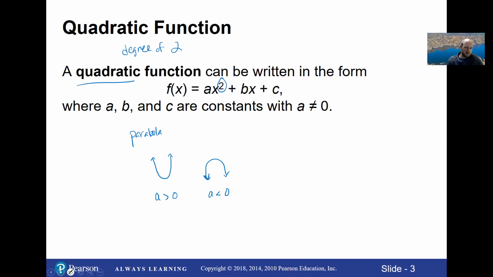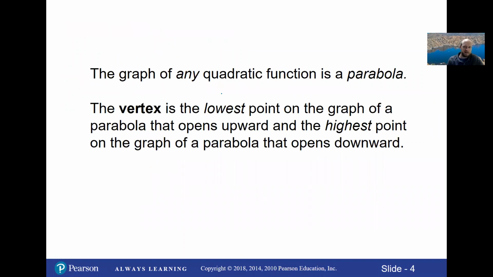So let's talk a little bit more about quadratics and parabolas. Again, the graph of any quadratic function we can also call a parabola. The vertex of a parabola is the lowest point on the graph of a parabola that opens upward, and it's the highest point on the graph of a parabola that opens downward.